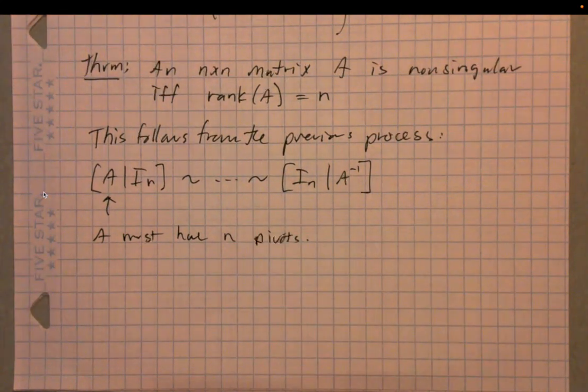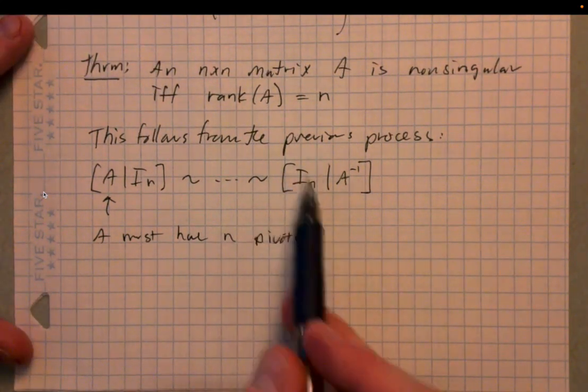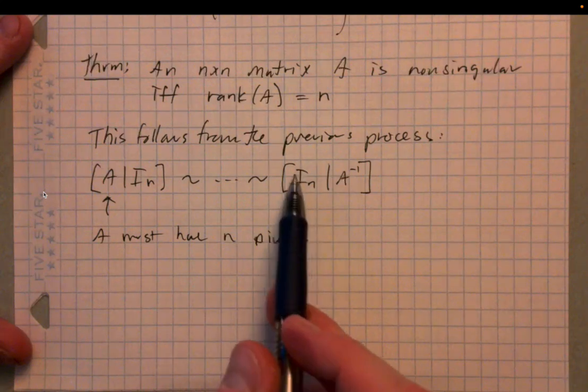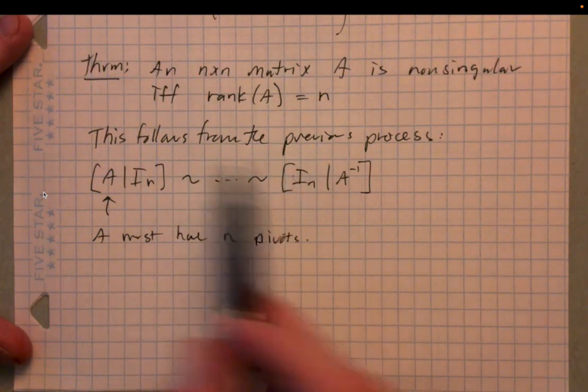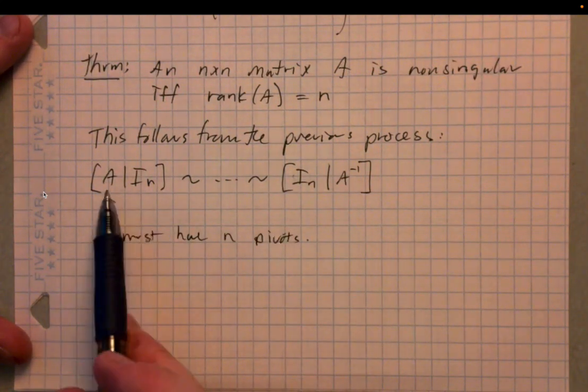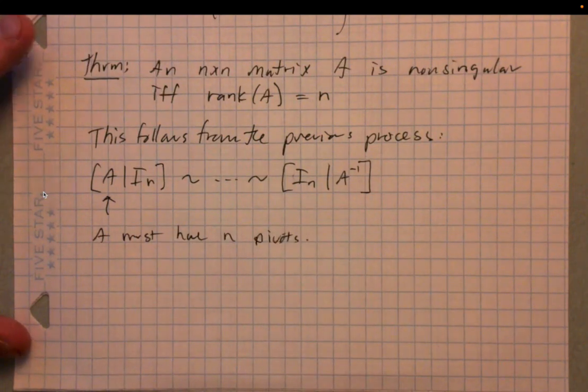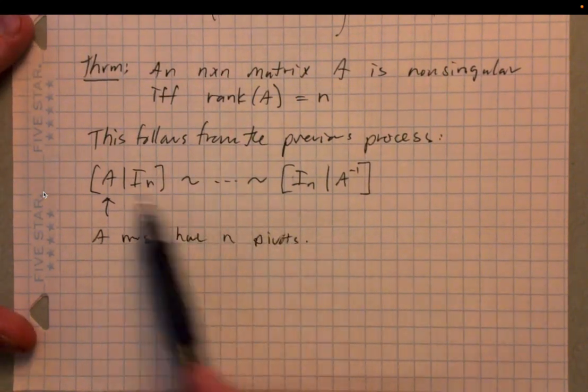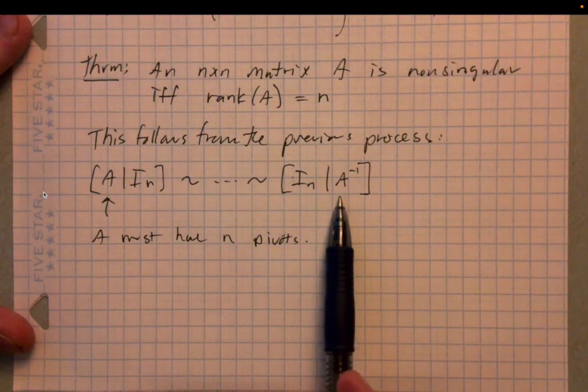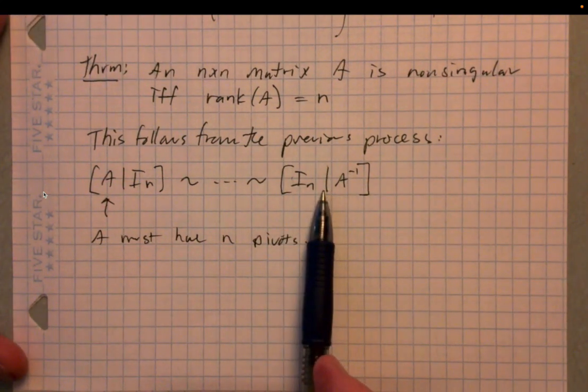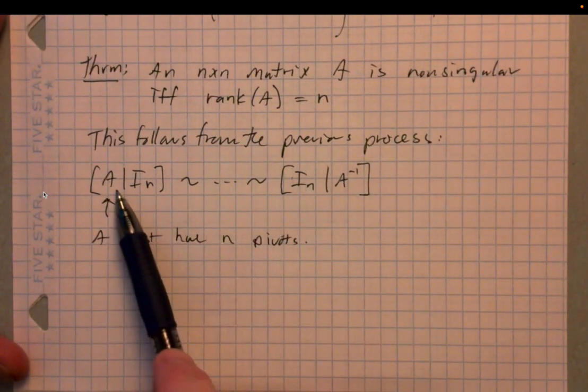It's got to have n pivots in order for it to be equivalent to I_n. It only has n pivots if it has rank of n. And so in order for this process to produce an inverse, which is a general approach to producing an inverse, this matrix has to have full rank.